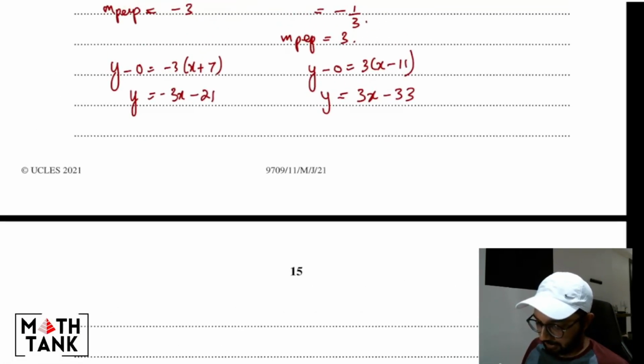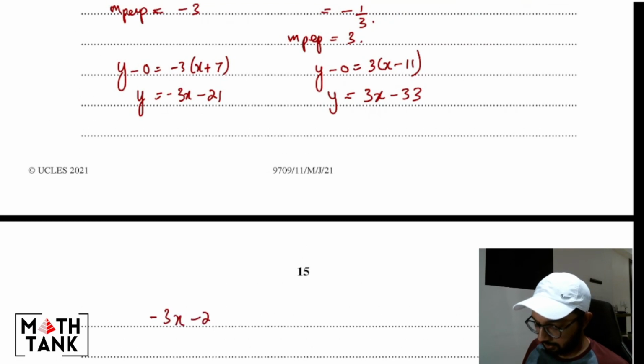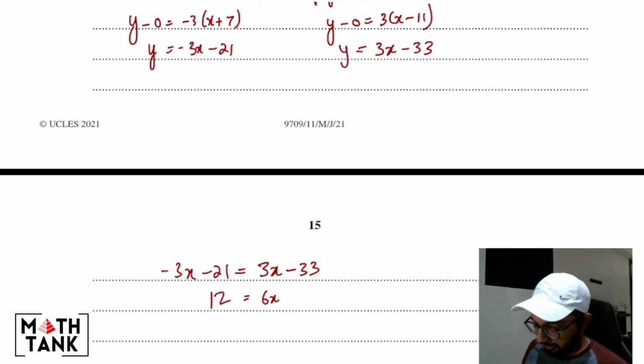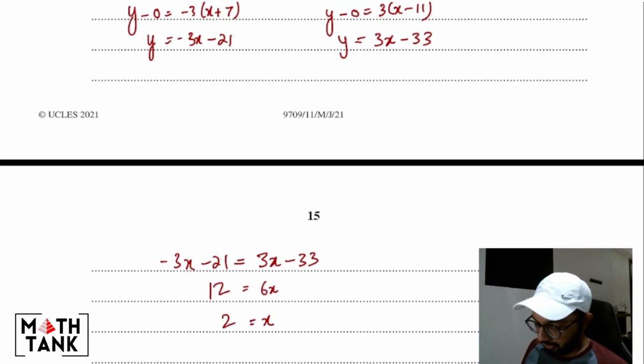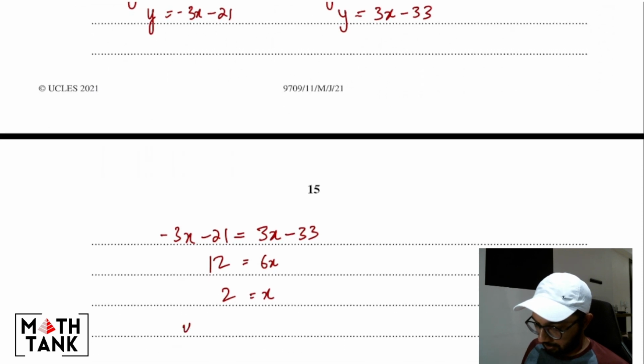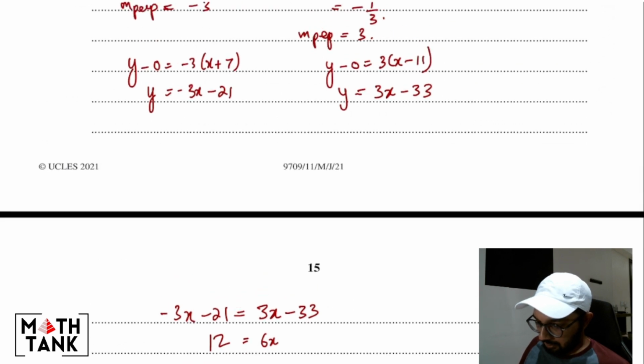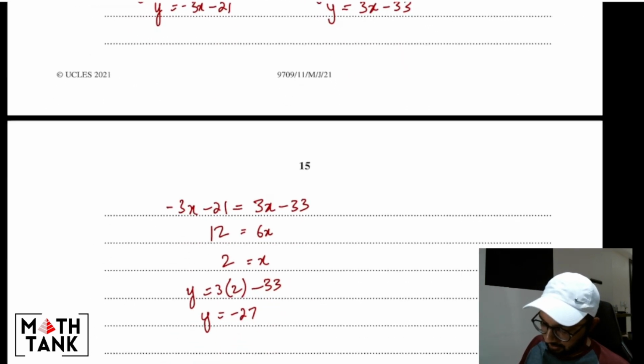Do I have more space? Yes, I have more space. Minus 3x minus 21 equals 3x minus 33. So that gives me 6x equals 12, so x equals 2. I can put that in any of the equations that I want. Okay, I just want to see if that is the correct answer.